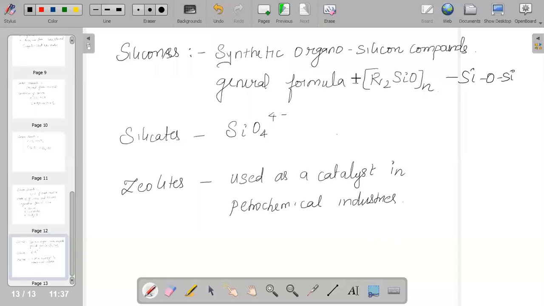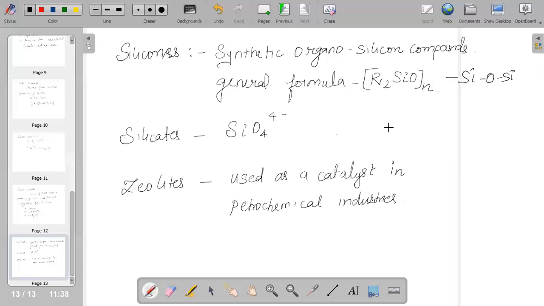Now the properties of silicones depend on their structure. A short chain is an oily liquid in nature. A medium chain is viscous, oily or jelly-like. A long chain gives rubbery elastomers and resins. They are chemically inert and resistant to oxidation and thermal decomposition.